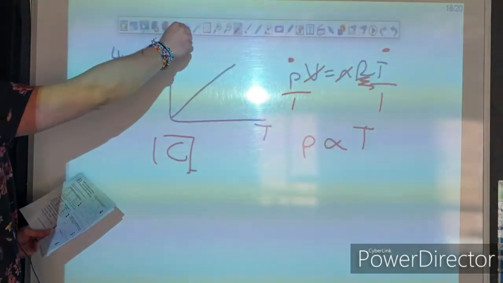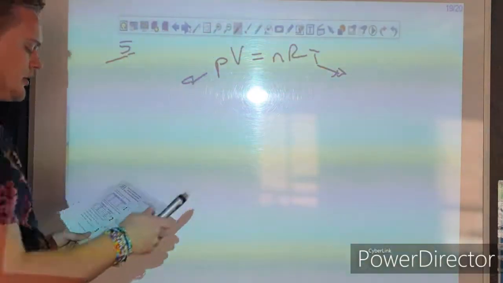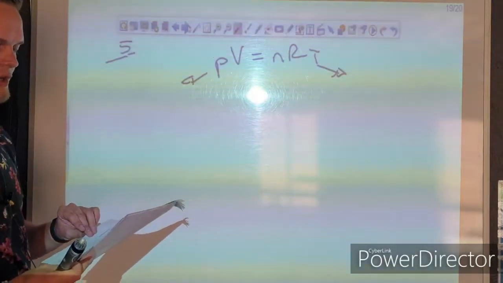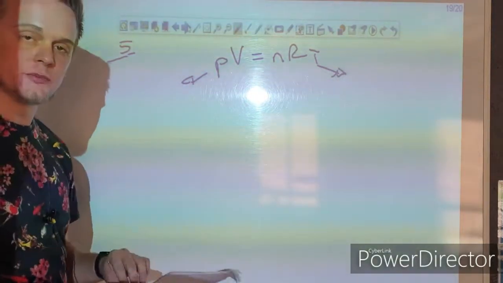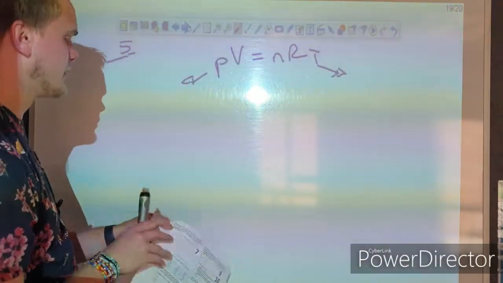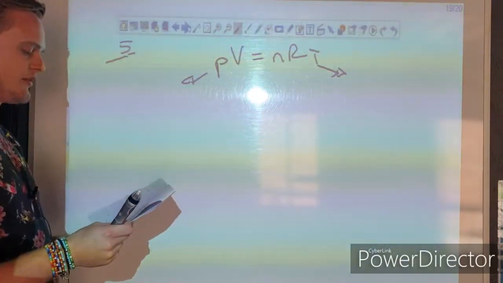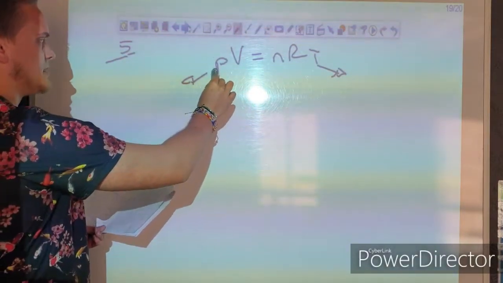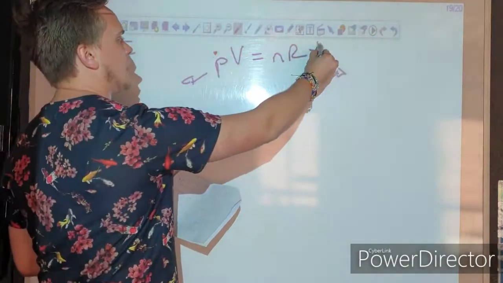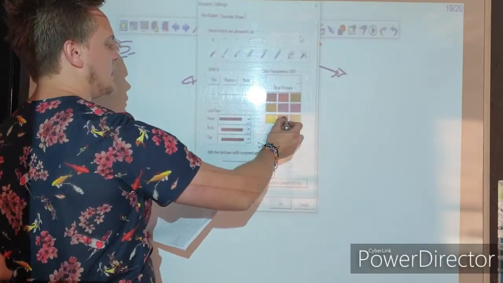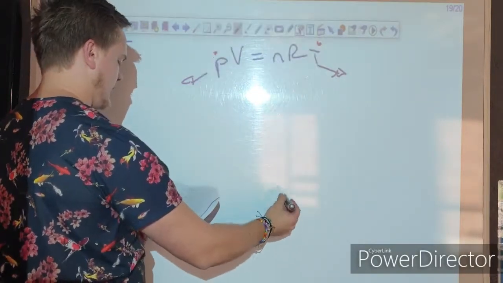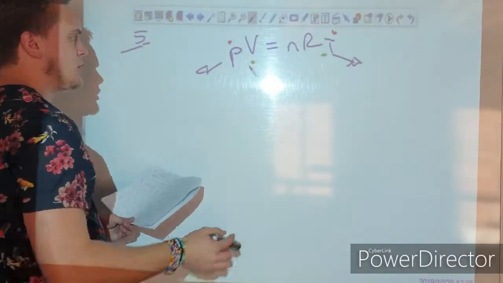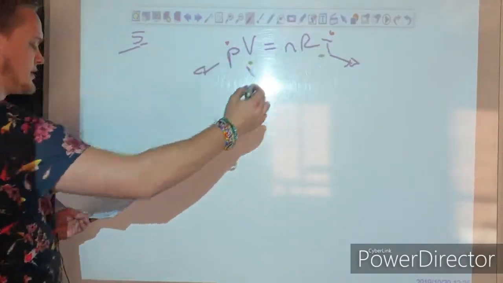So if we have pressure and volume increasing, what will happen to the temperature? For number 5, we're comparing pressure and temperature, as well as, in another color, temperature and volume.